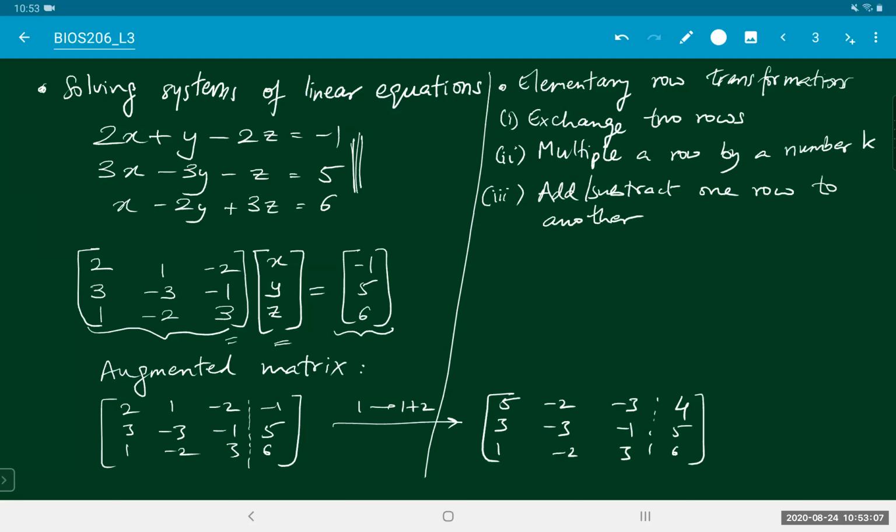Because of that, this matrix over here will always be a square matrix. Number of rows corresponds to how many equations you have, and number of columns corresponds to how many variables you have. So the augmented matrix will always be a square matrix but with one extra column in the end.